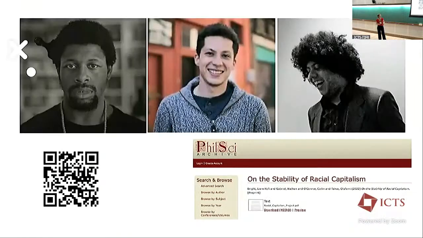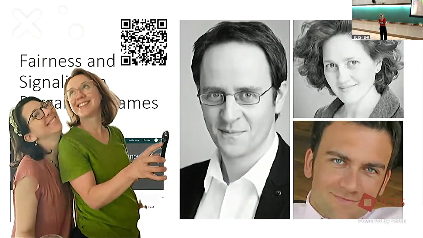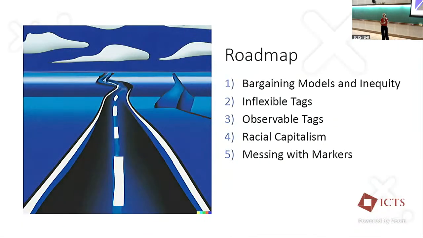And then in this paper on the stability of racial capitalism, Femi Taiwo and Nathan Gabriel and Liam Bright and I used those models and developed them to make some arguments that we'll see today. They were having trouble publishing this paper, so I asked, do you want me to just be your co-author? And they said, okay. So I just invited myself to the party on this paper. This is to say the stuff you're seeing has many authors, so credit them in your heads appropriately.